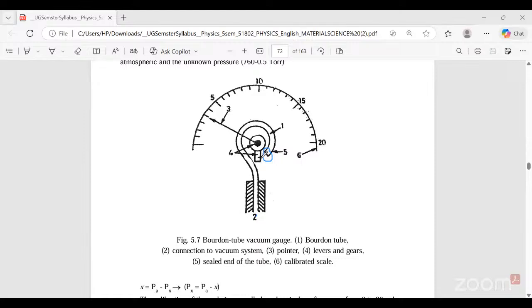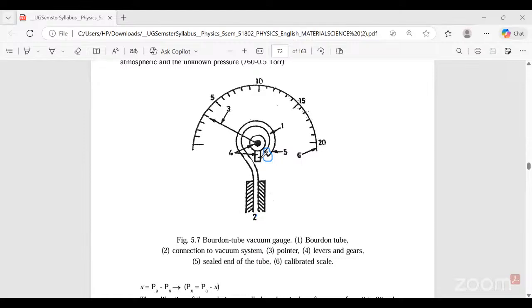The variation of atmospheric pressure sets a limit on the working of the Bourdon gauge. The accuracy of the measured pressure with the Bourdon gauge also depends upon the characteristics of the tube material.